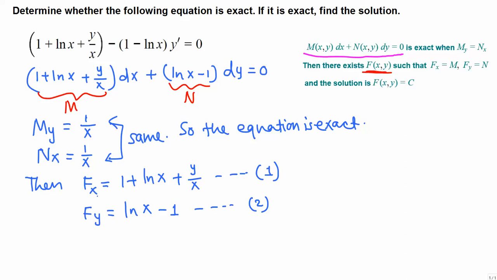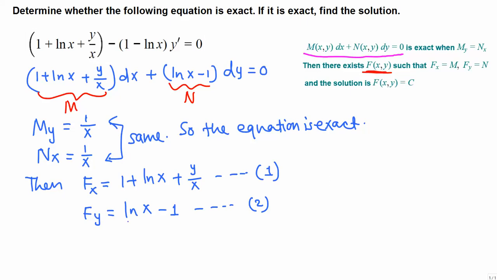Now we want to integrate one of them. If we integrate the first one, we need to integrate with respect to x. If we integrate the second, we need to integrate with respect to y. So try to choose the easier one.